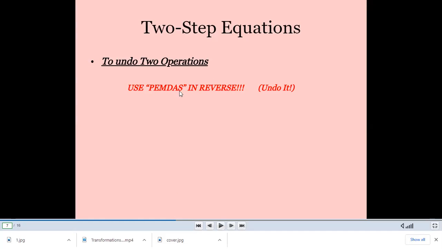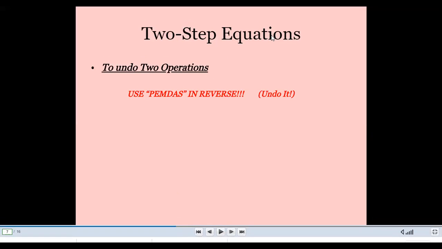These are the letters which we have. But let me remind you of the sentence. And we said, what does P stand for? For the parentheses, right?